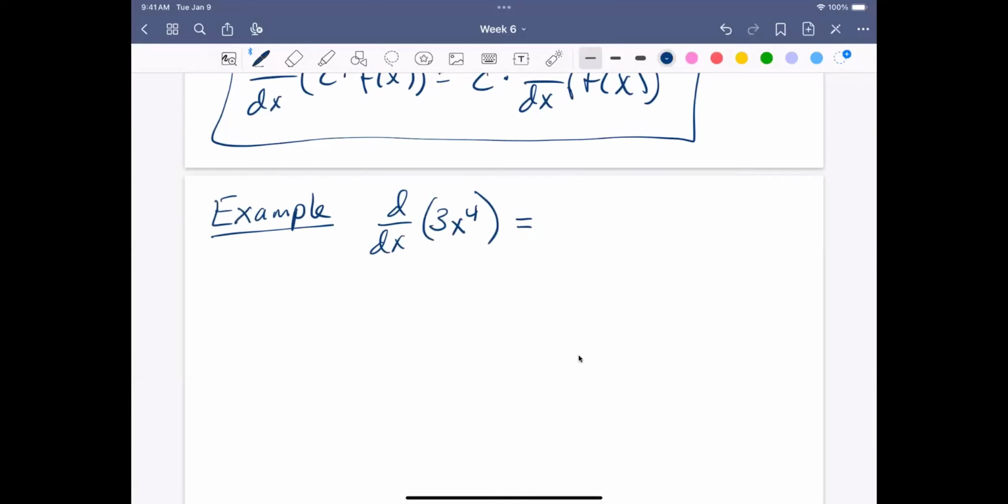So what's the first one that I can use? We definitely have a power in here, but I can't quite use it yet. It doesn't look exactly like x to the n. Before we use power, yes, exactly, constant multiple. We're going to use constant multiple and pull out that 3.